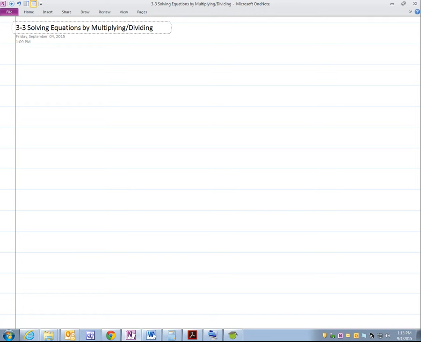Before I step over the next one, would anybody like to ask any questions before we move on over the undoing of addition and undoing of subtraction by doing the inverse operation? Inverse operation means an operation that is the inverse or the reverse of it, or as I like to say, undoing.